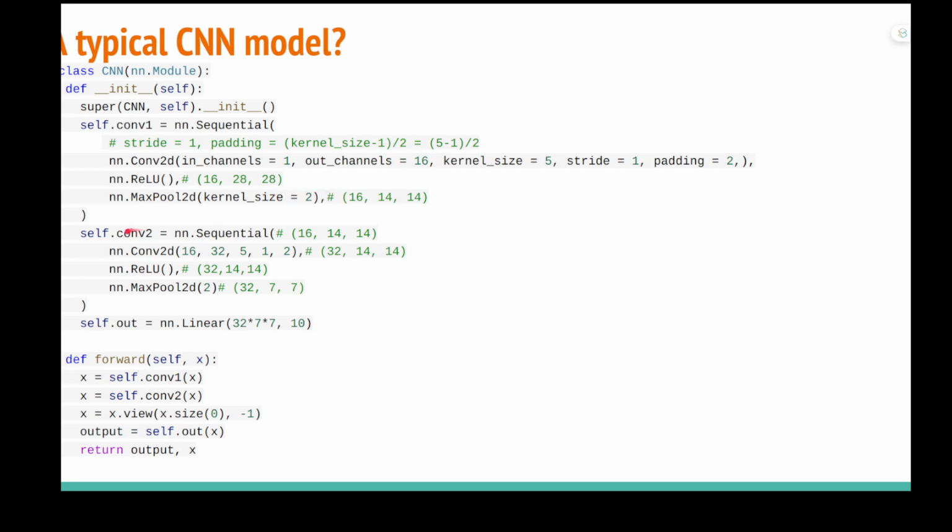So the input of conv2, which is the first module in conv2, the Conv2d here, must be 16. If it is something else, for example 32, while the output of the first building block has 16 channels but the input of the second block is 32, if those two are not matched, PyTorch will report a shape error when this forward function is executed.